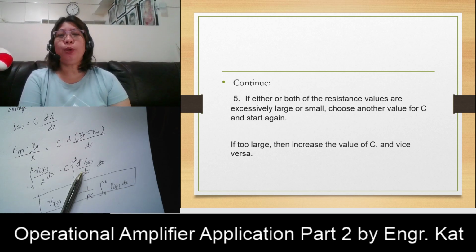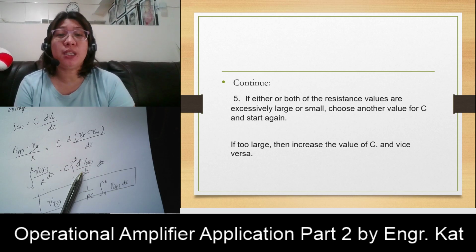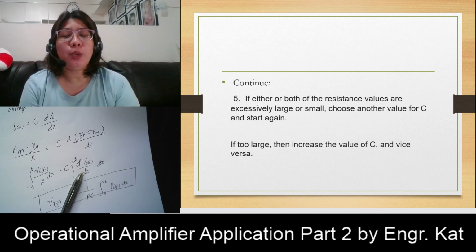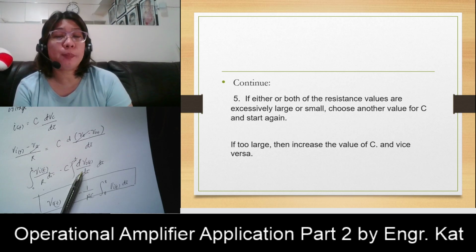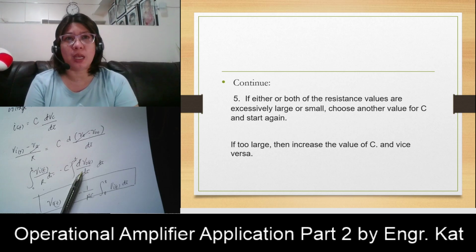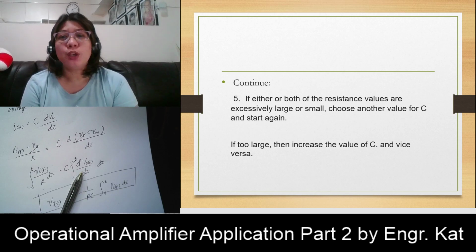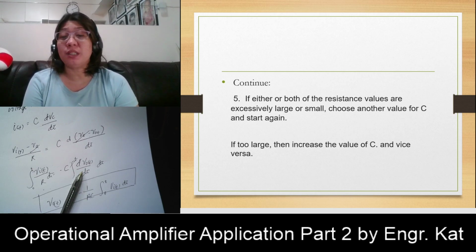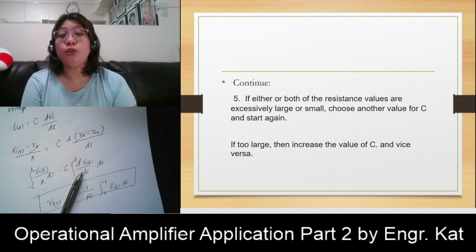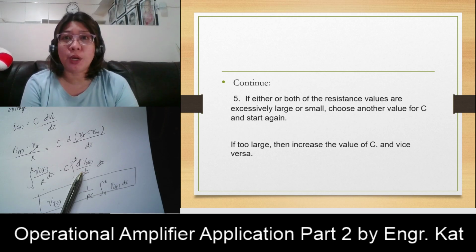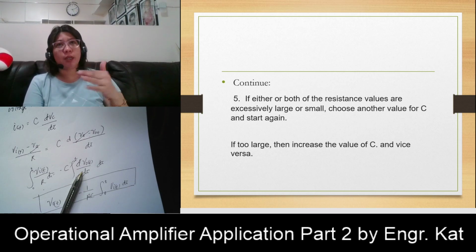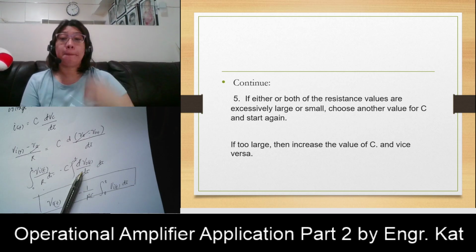Okay, so if either or both of the resistance values are excessively large or small, then we choose another value for the capacitor and start again with the procedure. If your computed resistance is too large, then you increase the value of your capacitor, and vice versa. If it is too low, you decrease the value of your chosen capacitor.